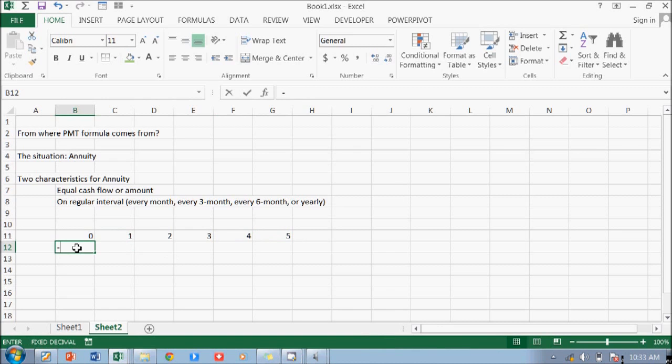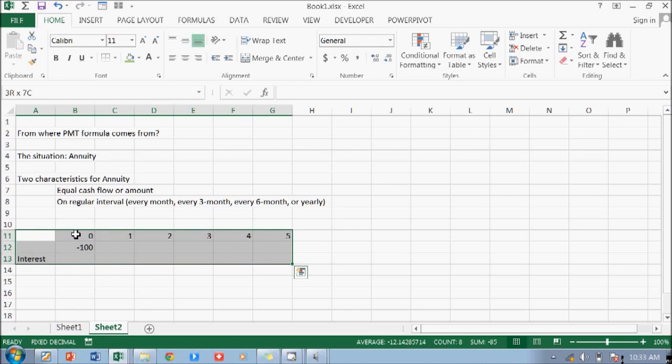For example, you invest plus 100, and you get interest.